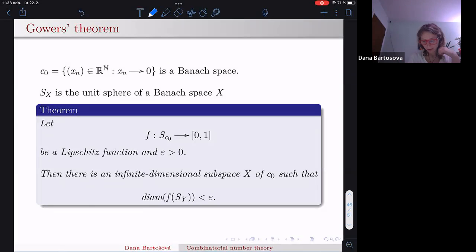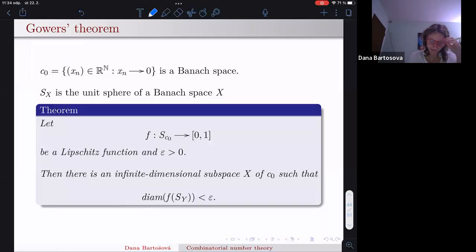And this is related to a problem that was first conjectured to be true about many Banach spaces, but it turned out that really c0 is unique.